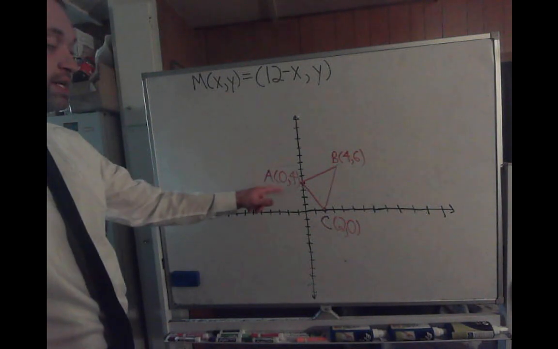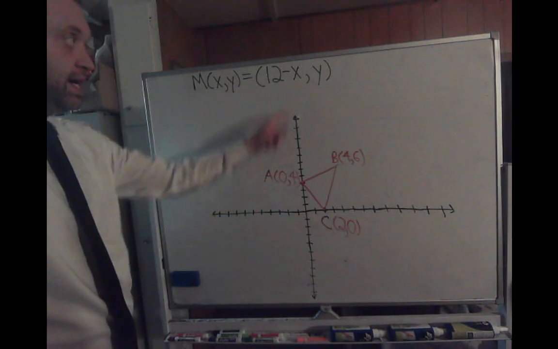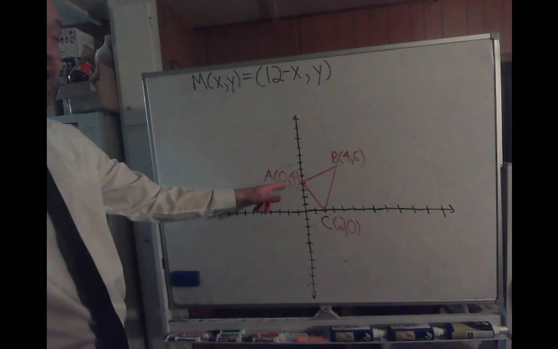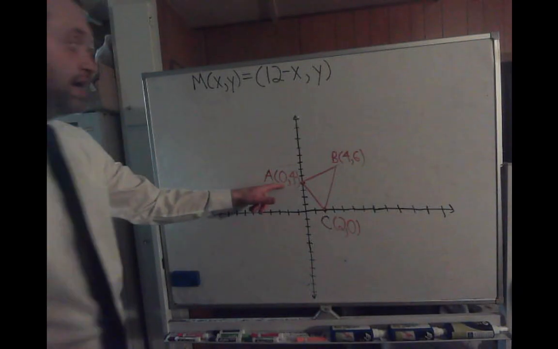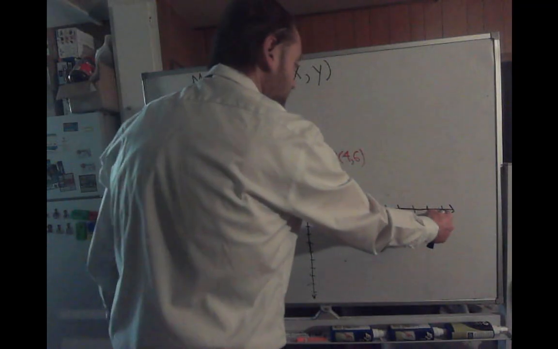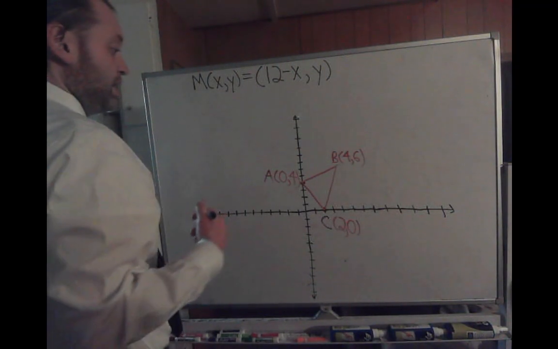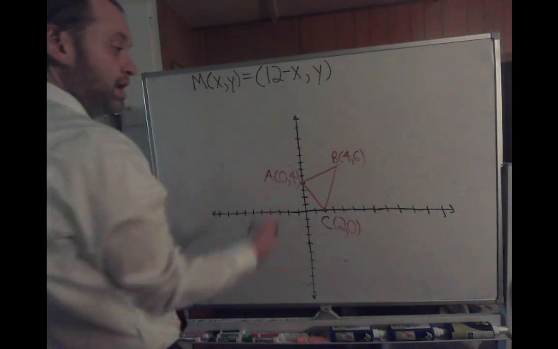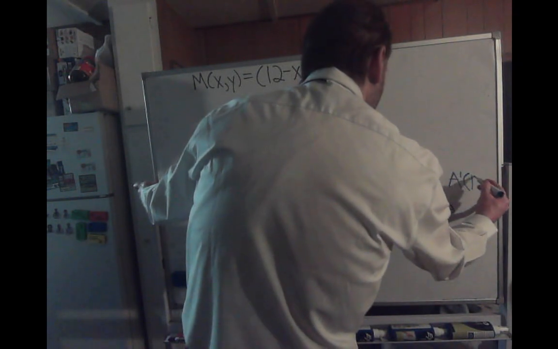If I put in 0 for the x at 12 minus x, I would just end up at the point 12 on the x-axis, which is all the way over here. And then I put in 4 for my y, that's just going to give me 12, 4. So my A prime is sitting all the way over here at 12, 4.